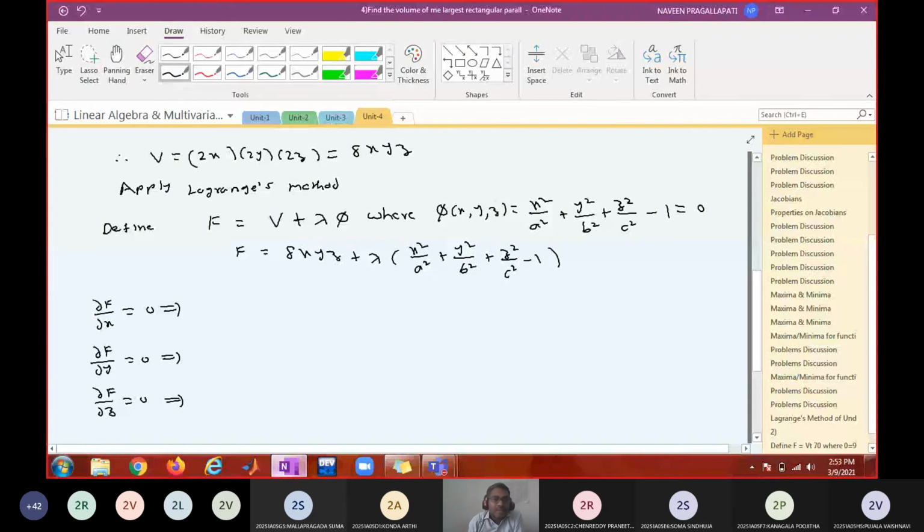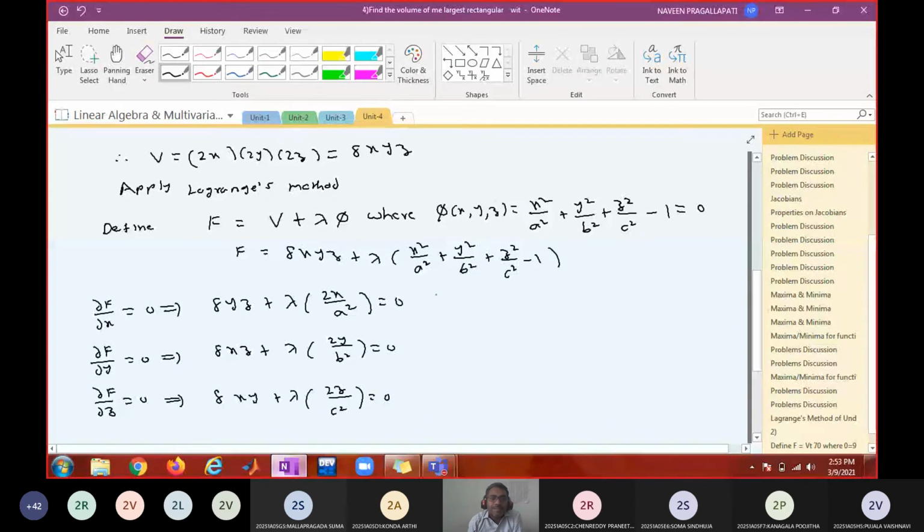So dou F by dou x equal to 0 means 8yz plus lambda into 2x by a square equal to 0. 8xz plus lambda into 2y by b square equal to 0. 8xy plus lambda into 2z by c square equal to 0.